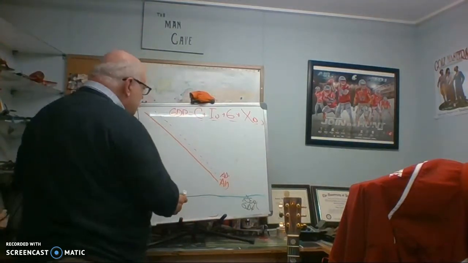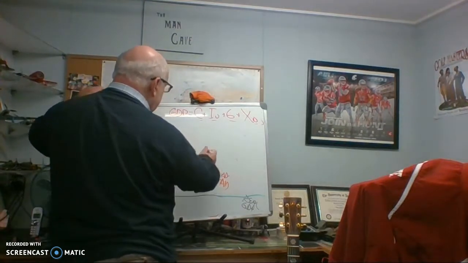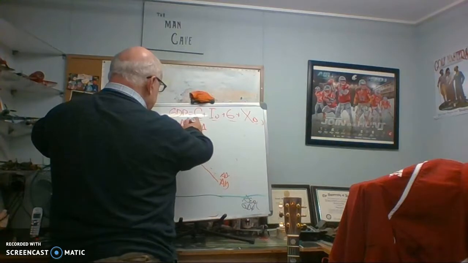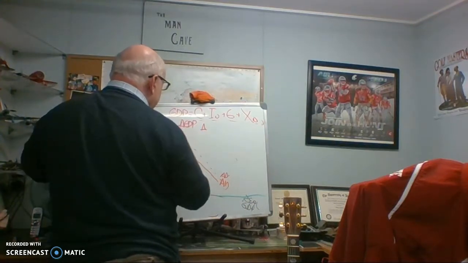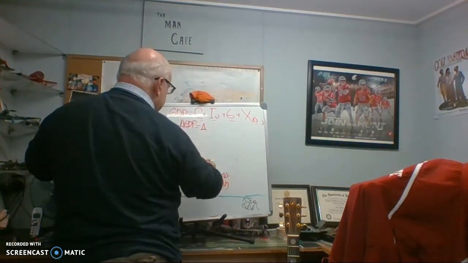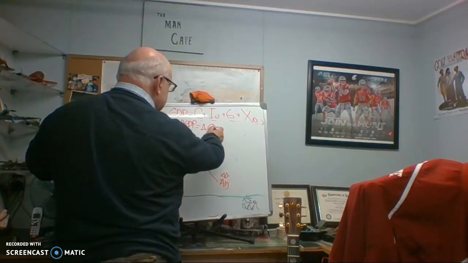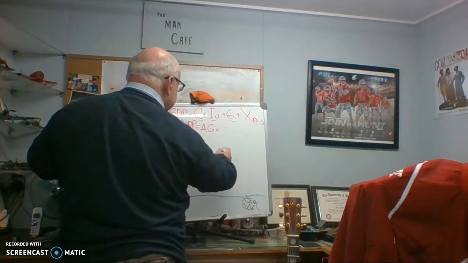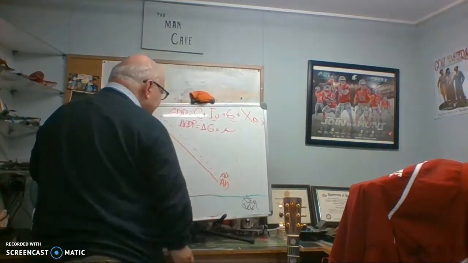So the increase in GDP would equal the initial change in G, or one of the components, times the multiplier, okay?